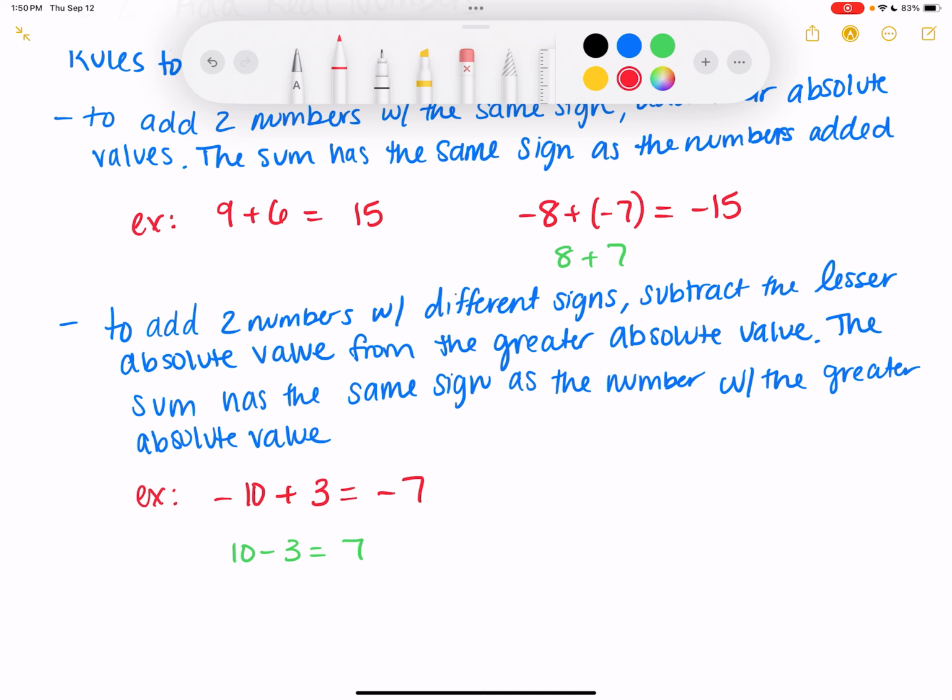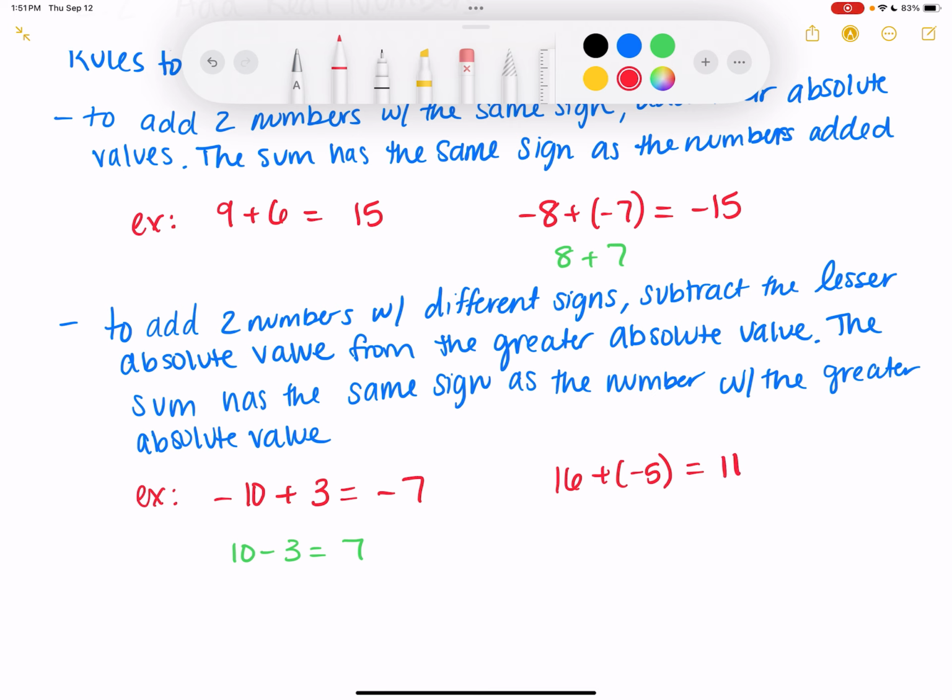And you don't have to write it like I did in green. That's just if you need that for reference to look at. If I had something like 16 minus 5, or the way the book writes it is plus a negative 5, then that would be equal to 11, because it's 16 minus 5, and then it's the sign of the higher number, which is 16, so it's positive.